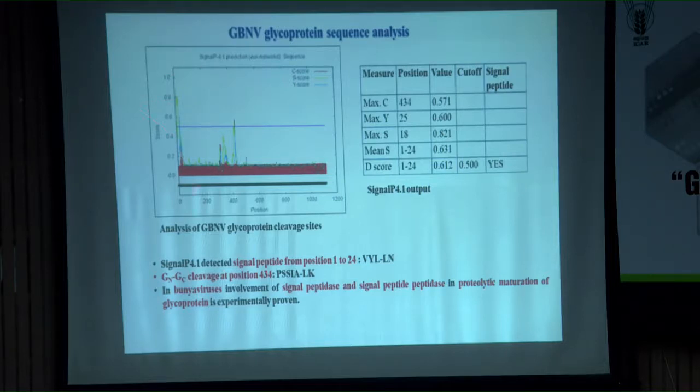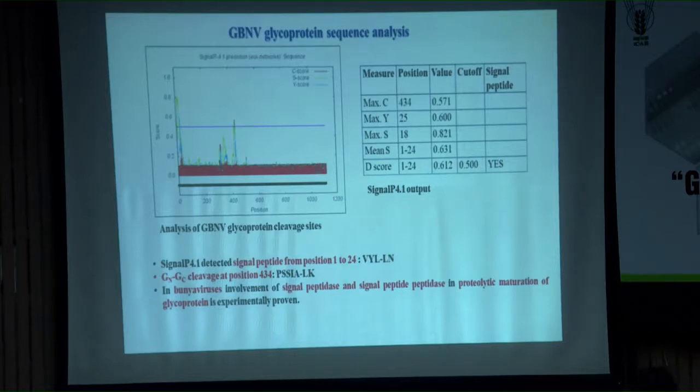So the first peak, 1 to 24, is the signal peptide. And as I was saying, from the glycoprotein precursor, the protein is clipped into two mature proteins, GN and GC. First the signal peptide is clipped, and from the second peak, GN is separated from GC.